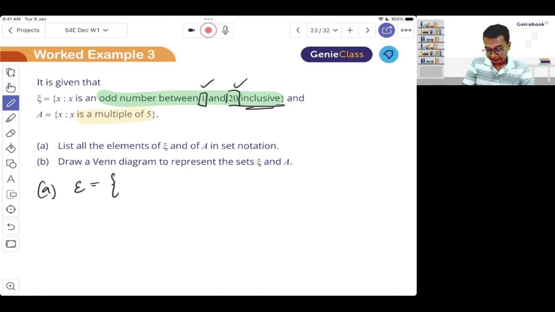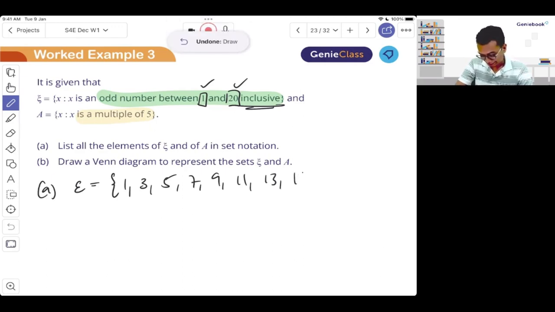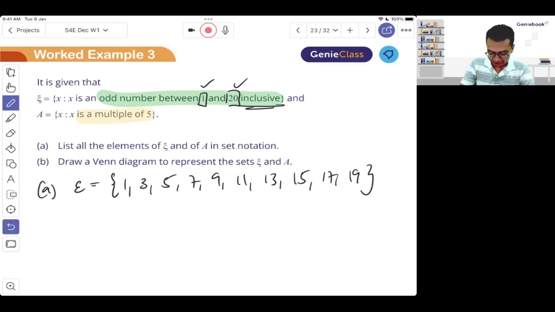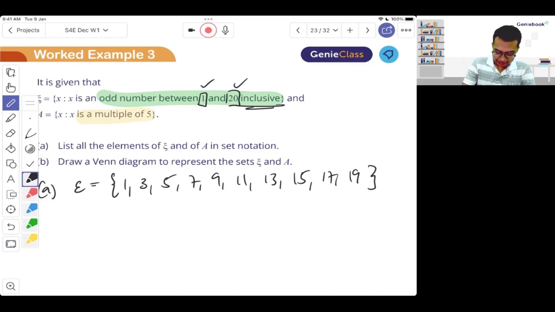So 1 is indeed an odd number, followed by 3, 5, 7, 9, 11, 13, no, not 18, sorry, 15, 17, and 19. And I stop there because it stops at 20, right? It's between 1 and 20. But 20 is not an odd number, so I exclude it. Now, that's my universal set. I now want to actually write down my set A.